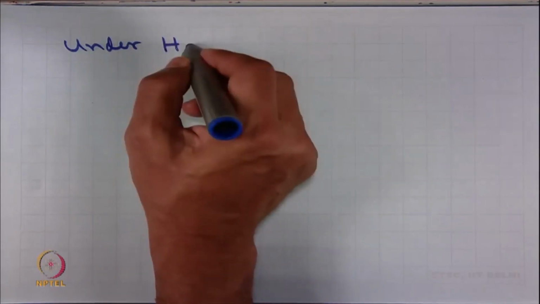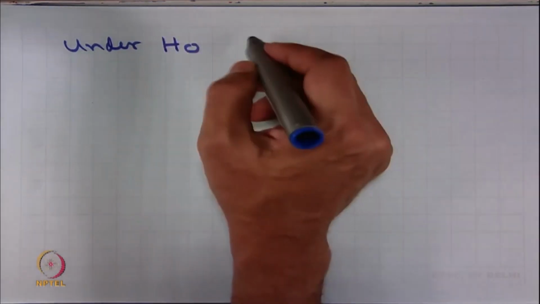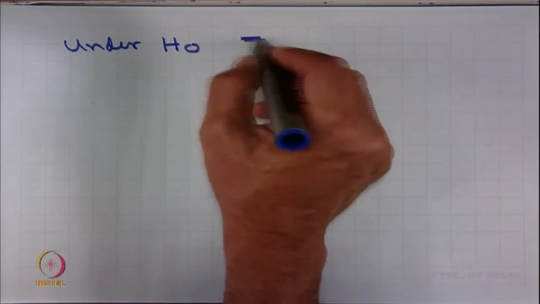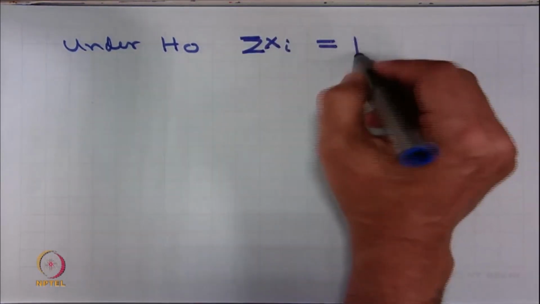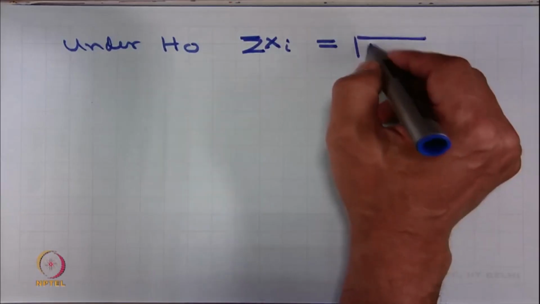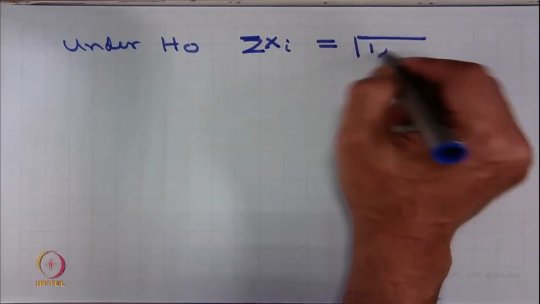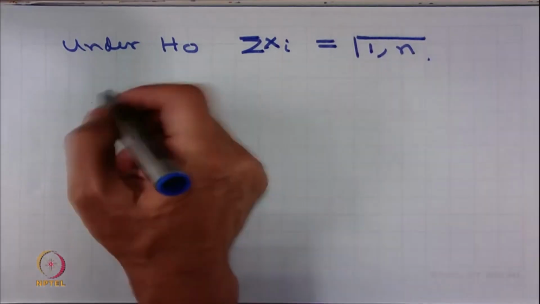Under H naught, sigma xi is equal to gamma 1 comma n.